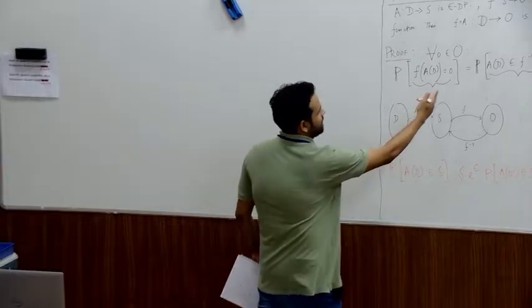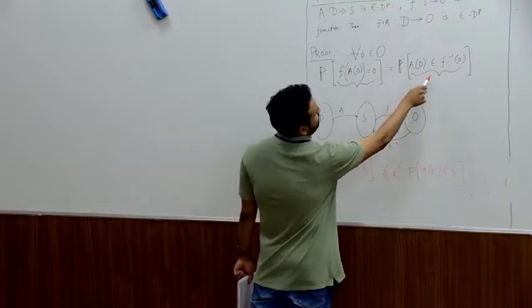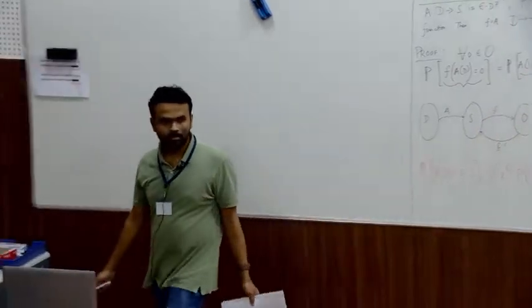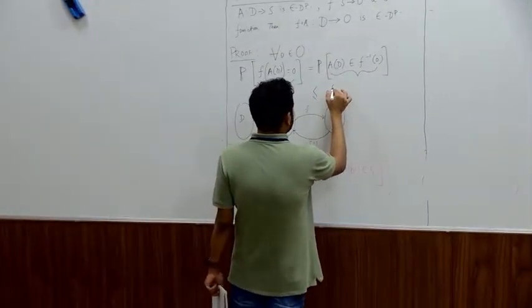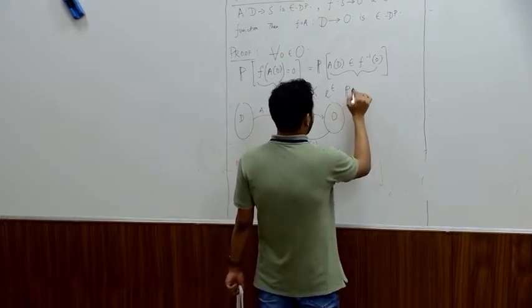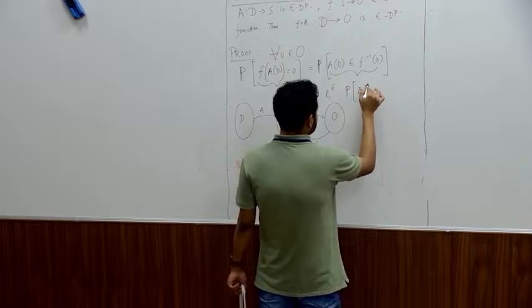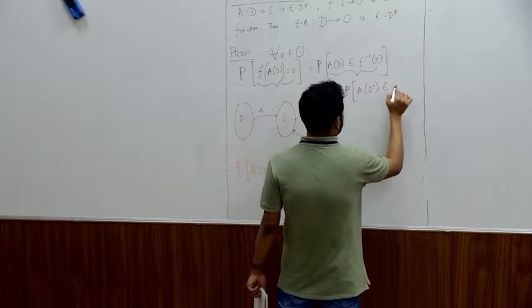So we'll just use that here, replacing S by f inverse of o. This is less than or equal to e to the power epsilon times the probability that A(D') belongs to f inverse of o.